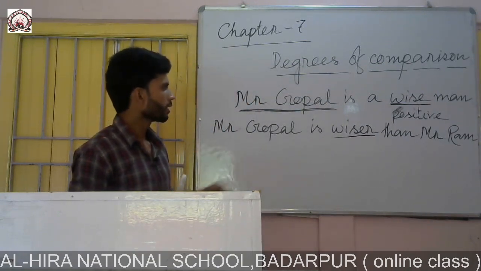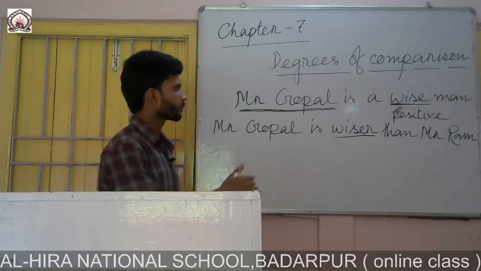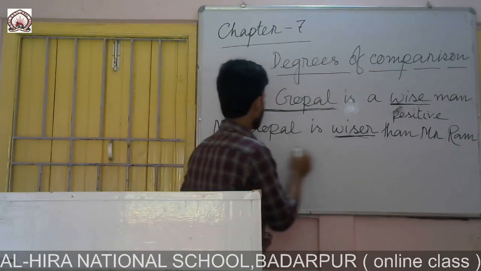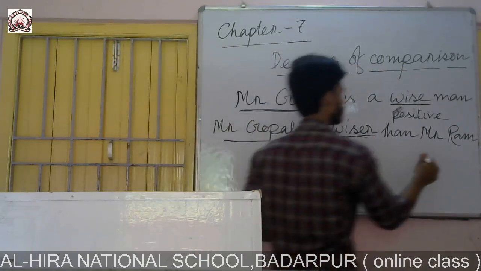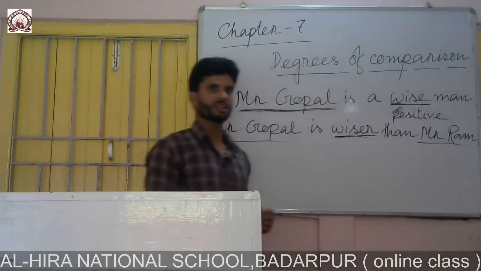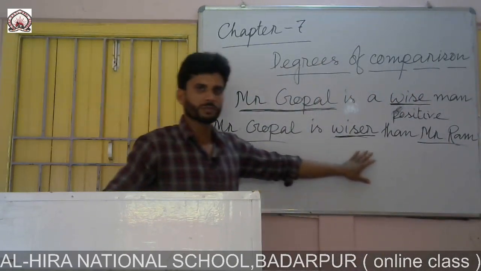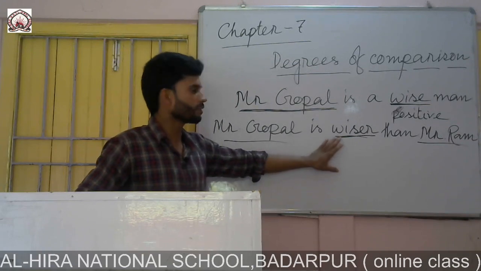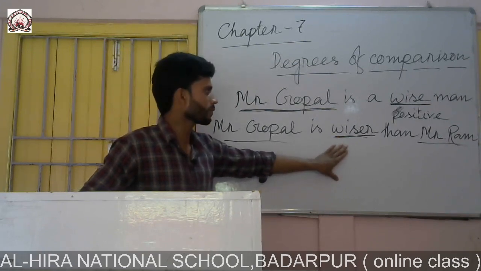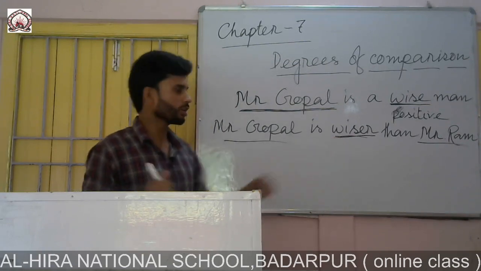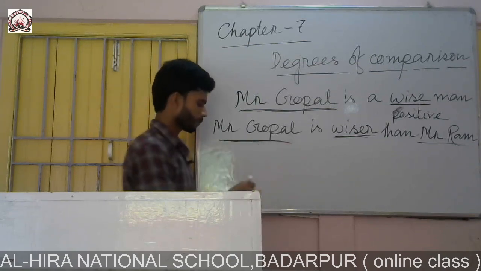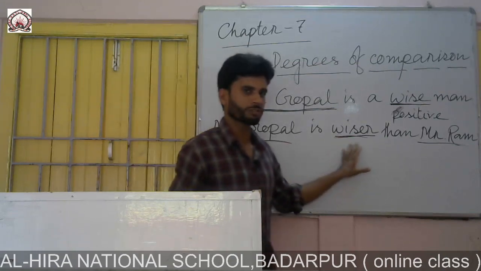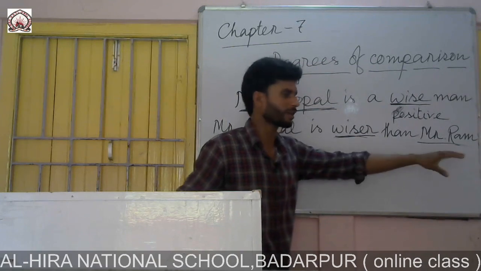here you see, here in this sentence, this one is talking about or describing 2 persons. This word wiser is not only speaking about Mr. Gopal, it is also speaking about Mr. Ram as well.